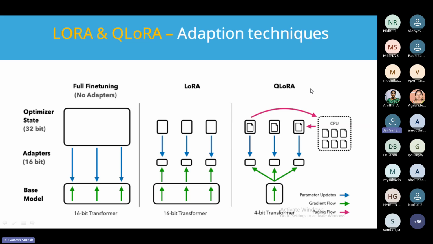So what does it mean? QLoRA is quantized low rank adaptation. Now you have 16-bit transformers here, and here you can see a 4-bit transformer. That means when I'm using a model, for example Llama with 3 billion parameters, every parameter has 16-bit precision.